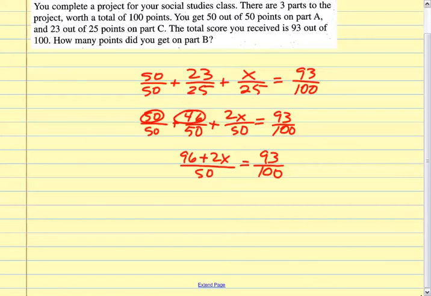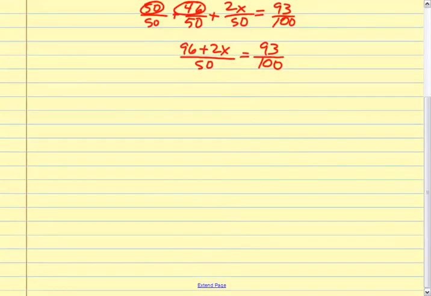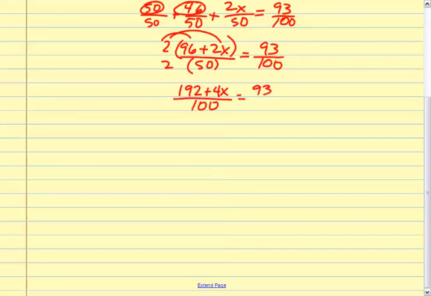But what we could do is get them so that they have the same denominator. If I multiply the top by 2 and the bottom by 2, that would give me 192 plus 4x, because I have to distribute, over 100 is equal to 93 over 100.